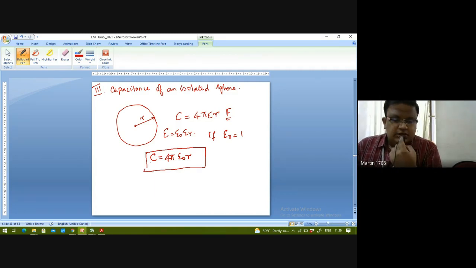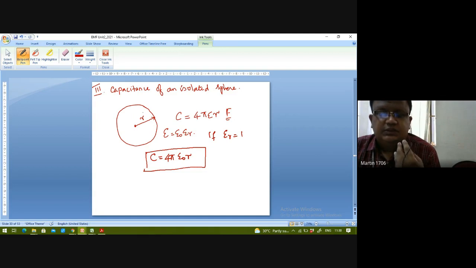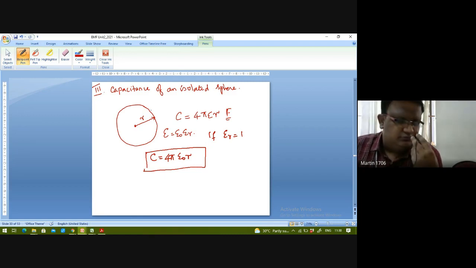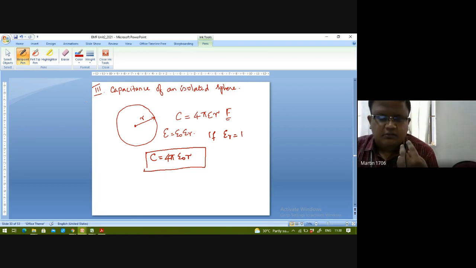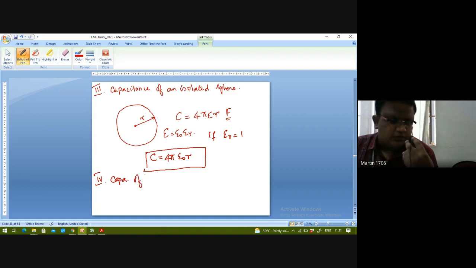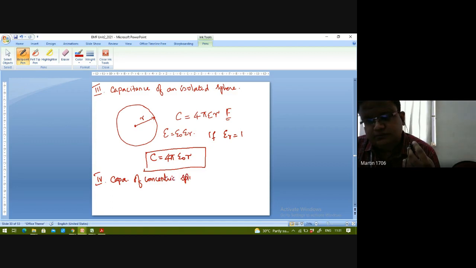Let me go with the next geometry, called the concentric spheres. For concentric spheres, the geometry almost looks like this, but please imagine how the tires will be there. The fourth one is the capacitance of concentric spheres.